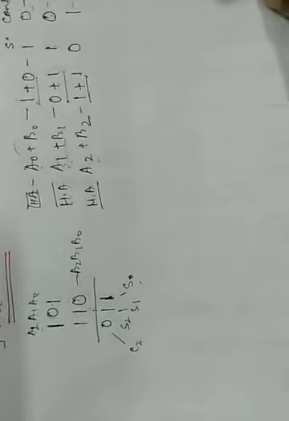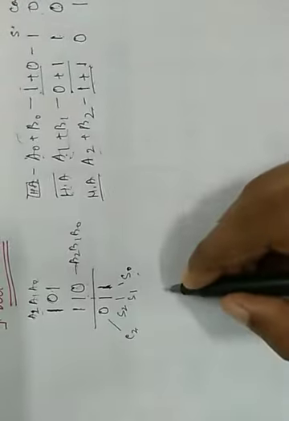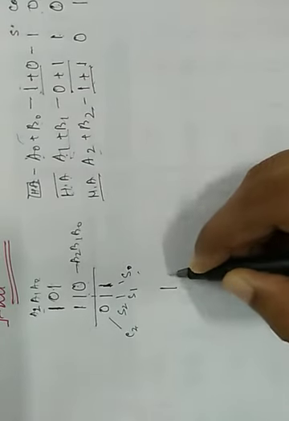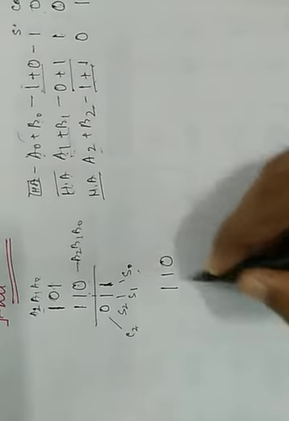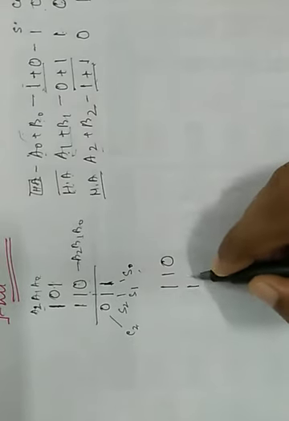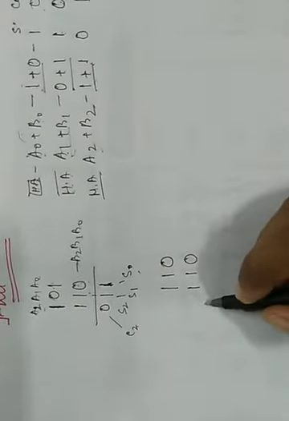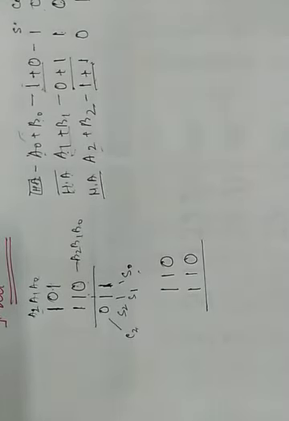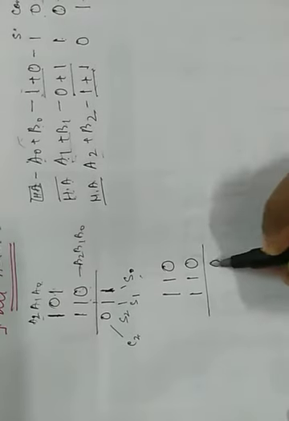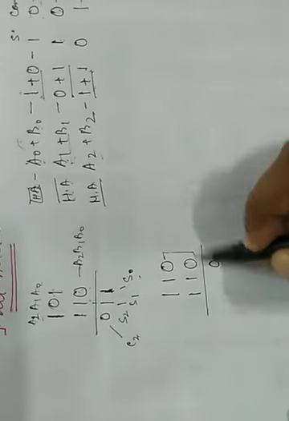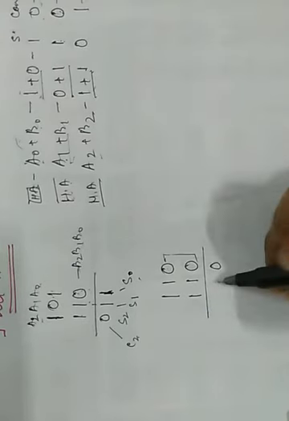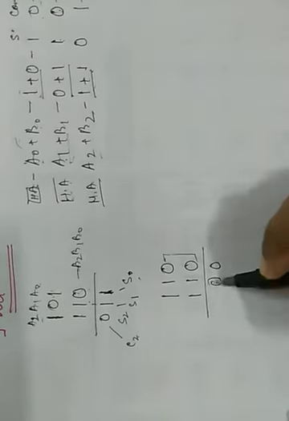But what if we add 2 bits like this way: 1 1 0 1 1 0. If we add this one, normally we know that 0 0 is 0, 2 bits are added here, and 1 1 is 0, no problem.